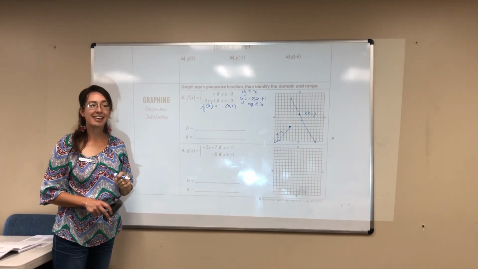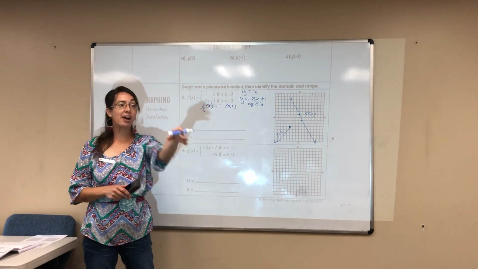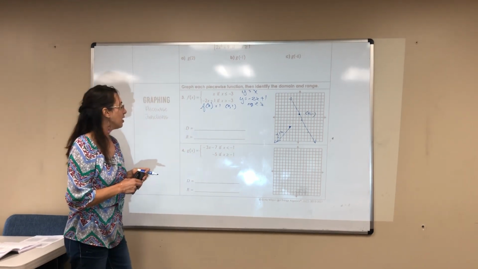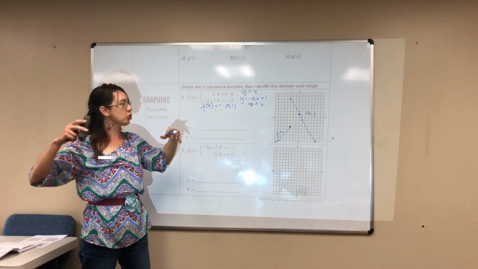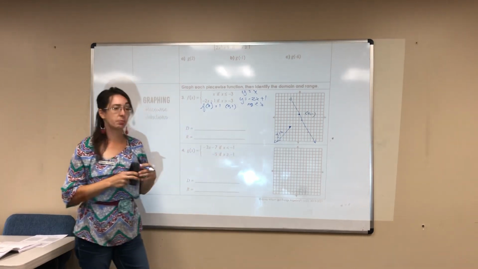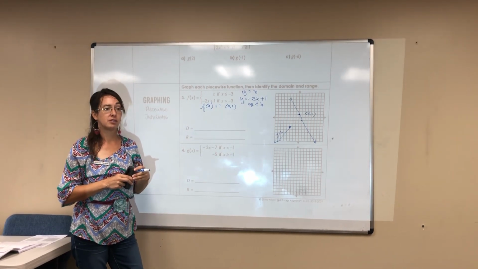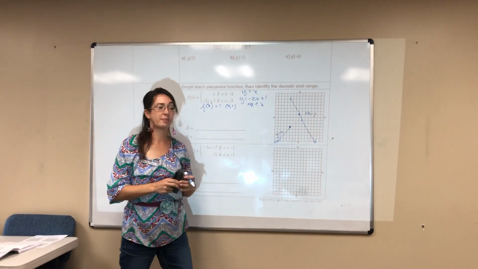Now, domain and range. We get to tie those back in, right? What is domain? X values. Perfect. So all of the x values that are used up, which is great whenever we see it on the graph. From left to right, what x values are used up with this graph?